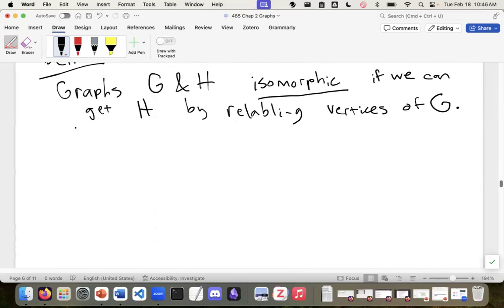The kind of math definition that the textbook has is that something is isomorphic if there exists, which if you've taken discrete math, you might recognize that symbol.